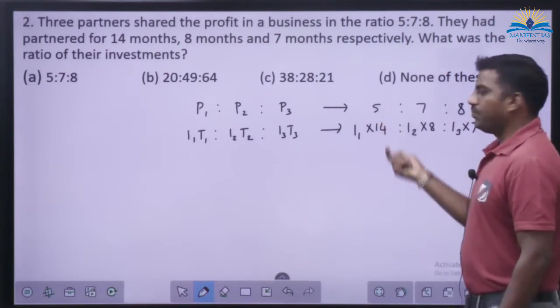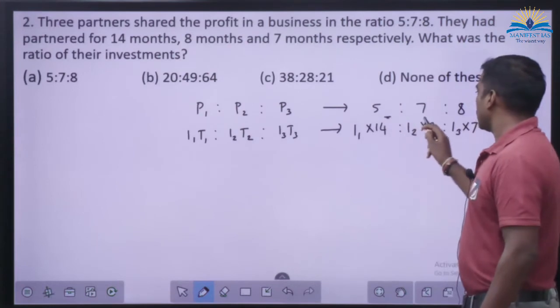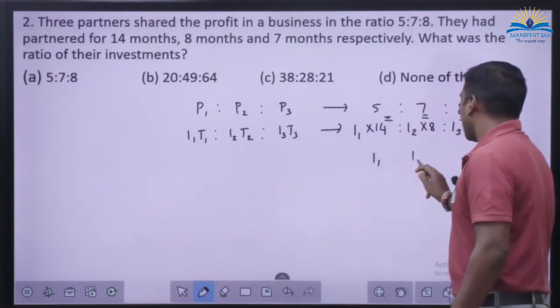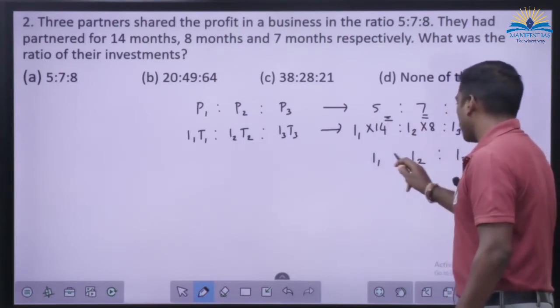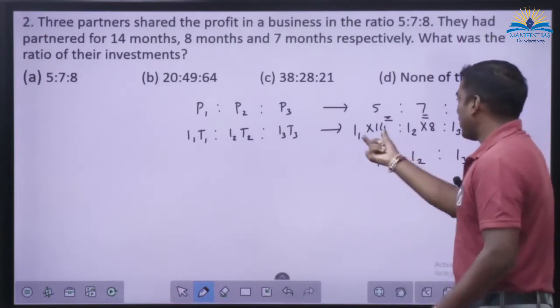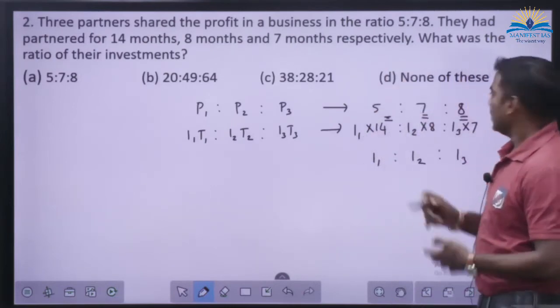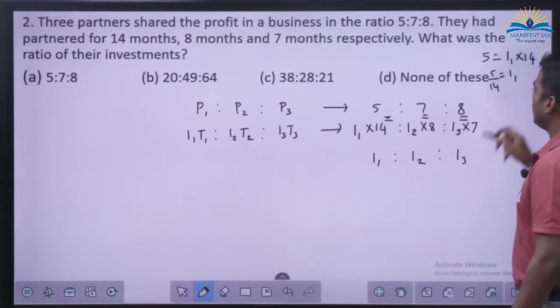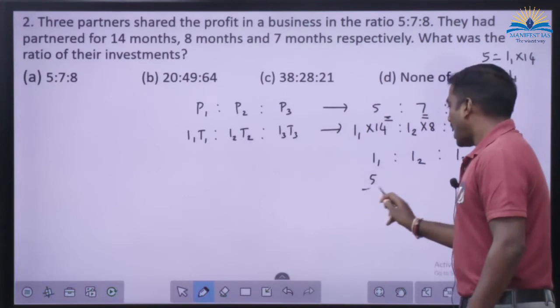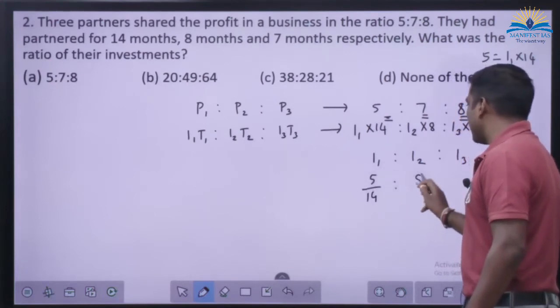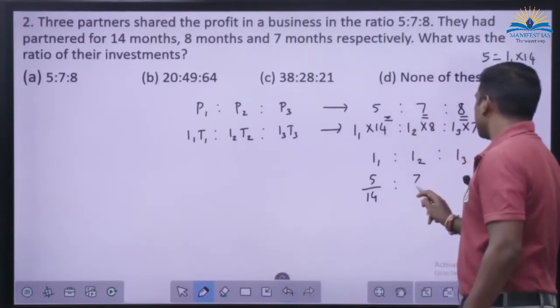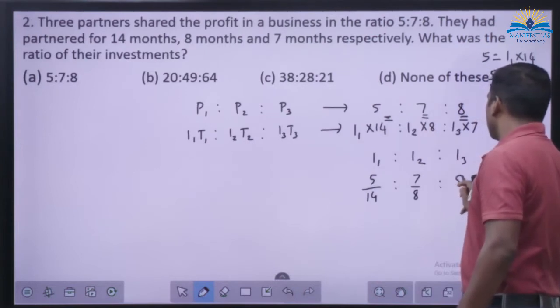See, I1 T1 is equal to P. So if I want to get I1, keep I1 here, take 14 that side. P1 is equal to I1 into 14. If you want I1, then it should be 5/14. So similarly, here I2 is 7/8, and here I3 is 8/7.